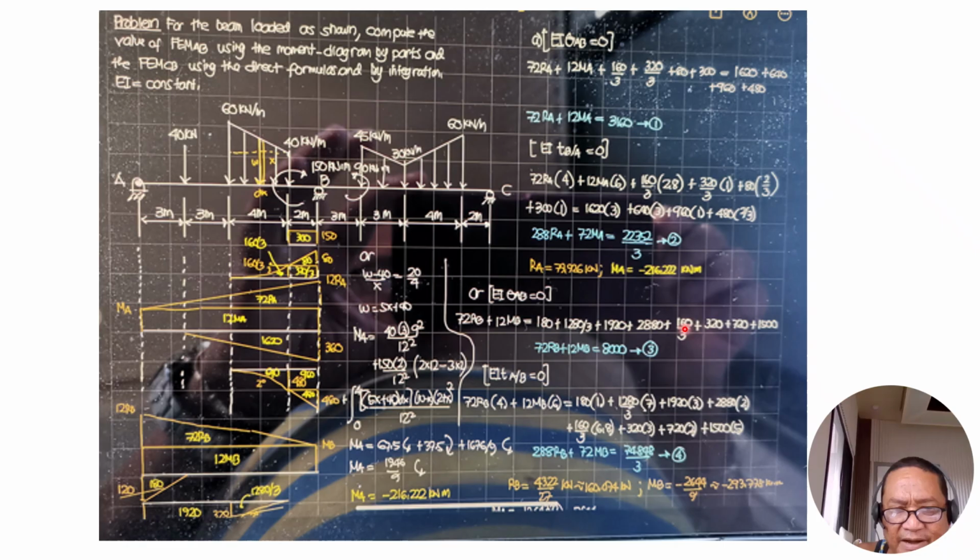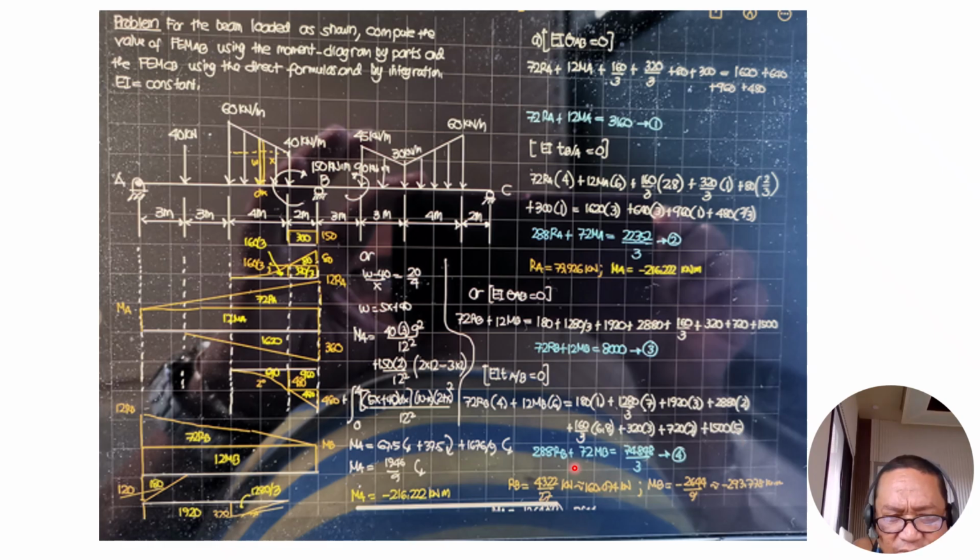So these are the areas. You just copy this in the same manner and we just provide the moment arms. So 72 RB, moment arm is 4, 12 MB is 6, then equals 180 times 1 plus 1280 over 3 times 7 plus 1920 times 3 plus 2880 times 2 plus 160 over 3 times 6.8 plus 320 times 3 plus 720 times 2 plus 1500 times 5.